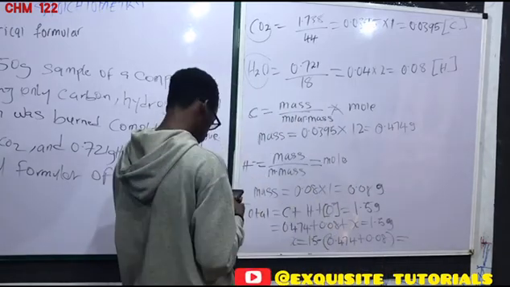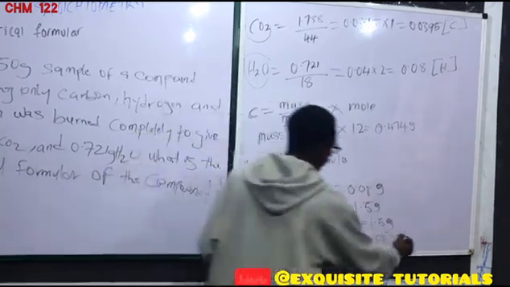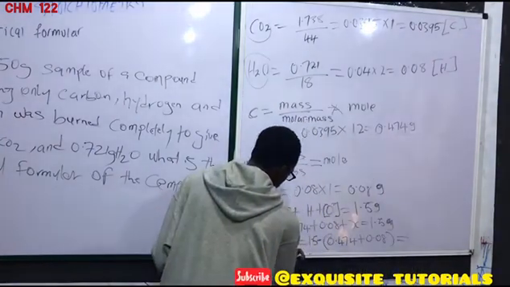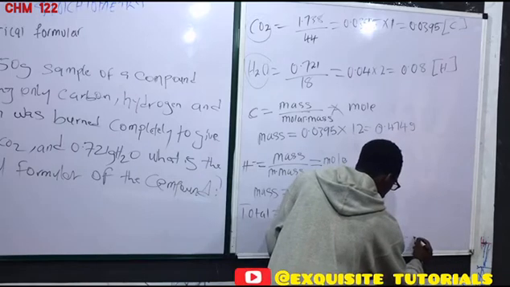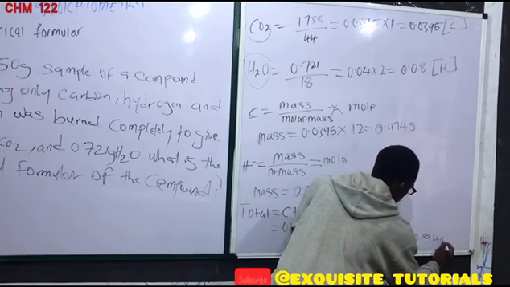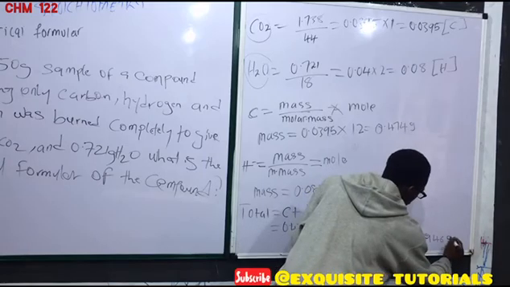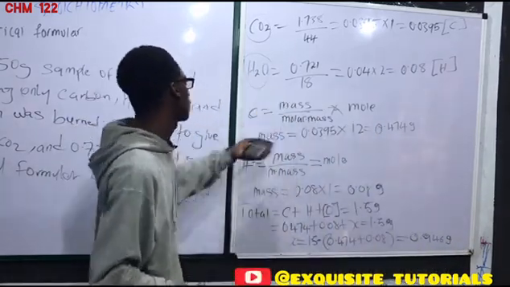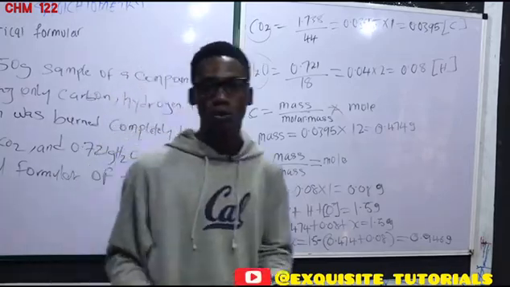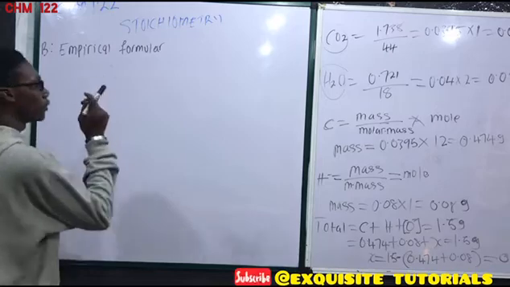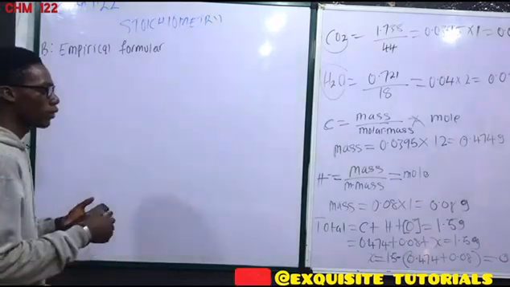Alright, we're having here the mass of oxygen as 0.946 gram. Now, since the mass of each element in the sample is known, we can find the empirical formula of the compound as stated.